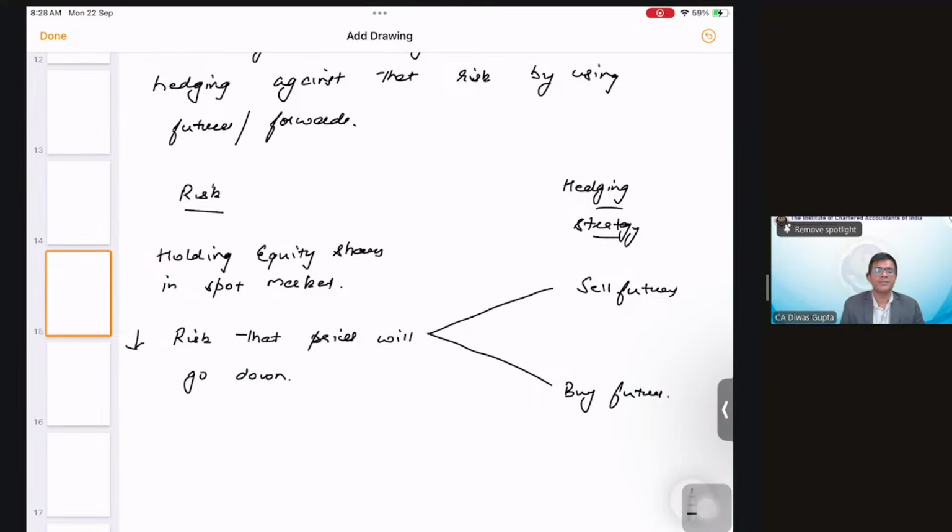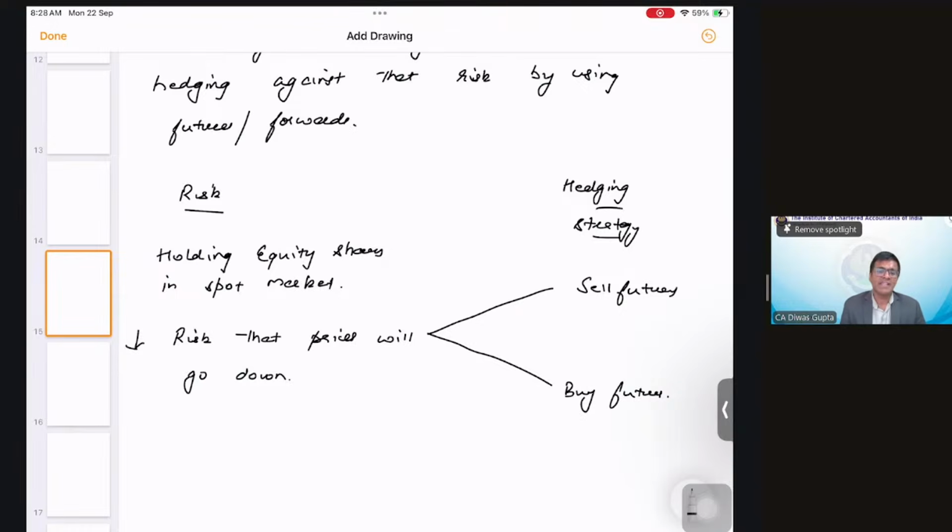Very good, Chitra. Anyone else would want to attempt? So we are trying to make a benefit in case the prices go down. Because we are already holding an equity share, that equity share is exposed to the risk of prices going down.